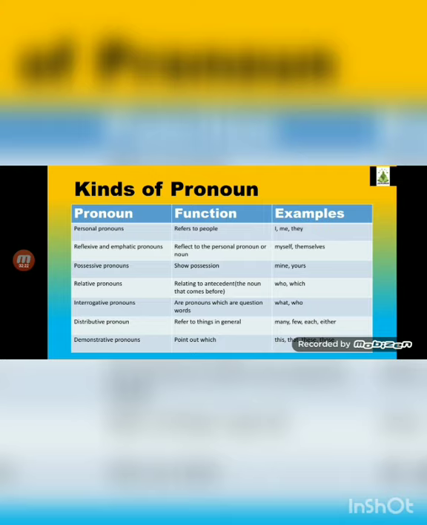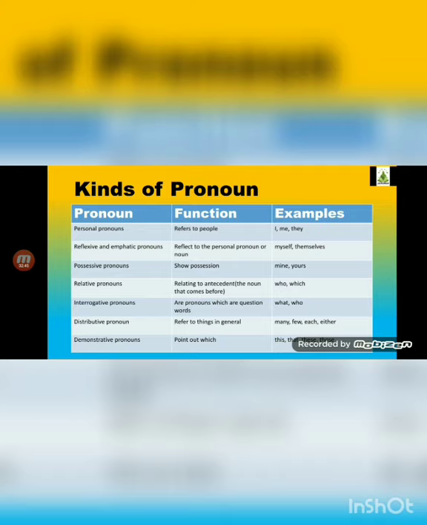Today, we will be learning about personal pronouns, reflexive pronouns and emphatic pronouns, possessive pronouns, relative pronouns, interrogative pronouns, distributive pronouns, demonstrative pronouns. Now, there are 8 pronouns over here which we would be studying.